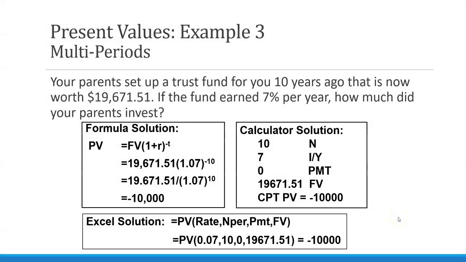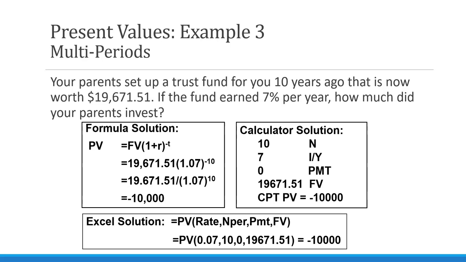In our next example, we have a trust fund, yay, that our parents set up 10 years ago that is now worth $19,671.51. We want to know how much they invested in the first place if the fund has been earning 7% for the last 10 years.